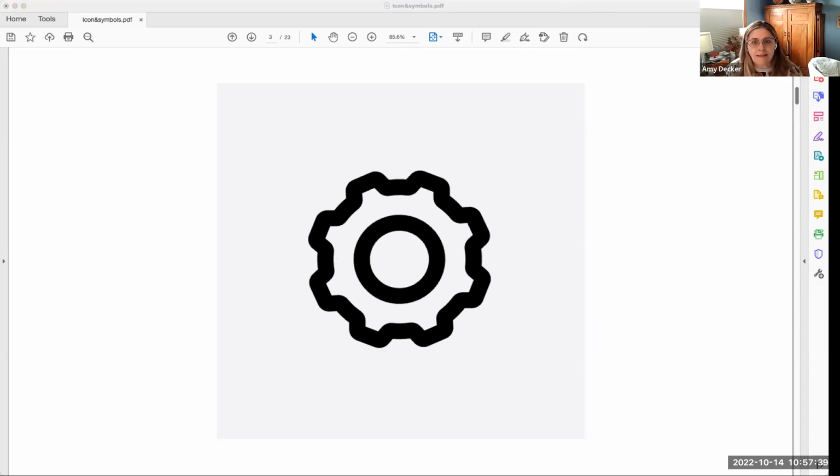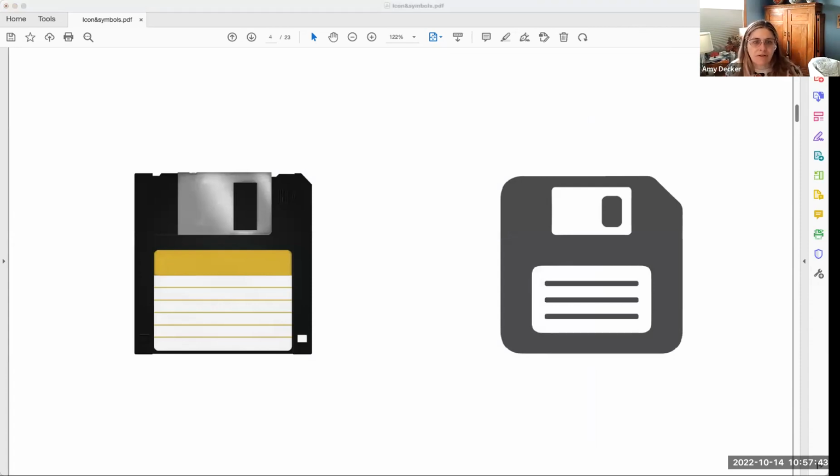Some icons that were literal representations of things over time have come to take on a more symbolic form. So this is like a floppy disk, which you probably have never used in your life, but it's now used as a save icon in software quite often.